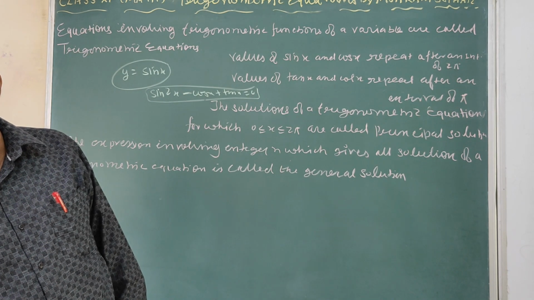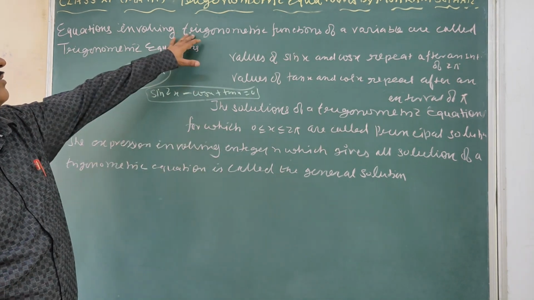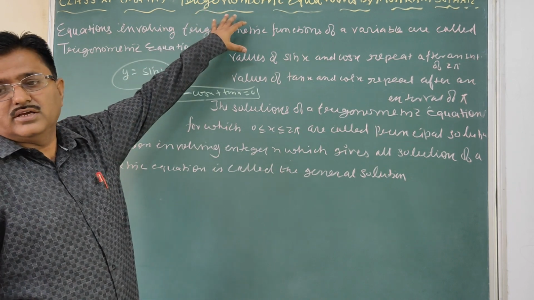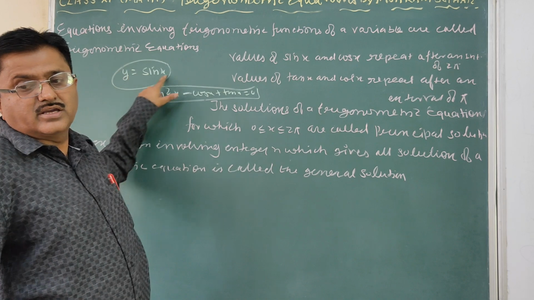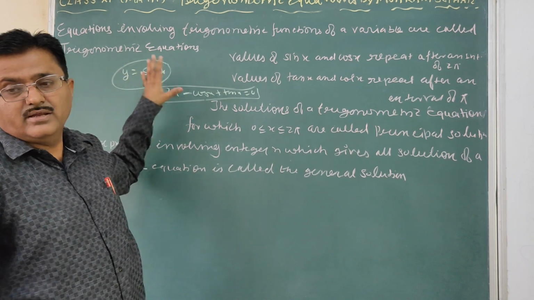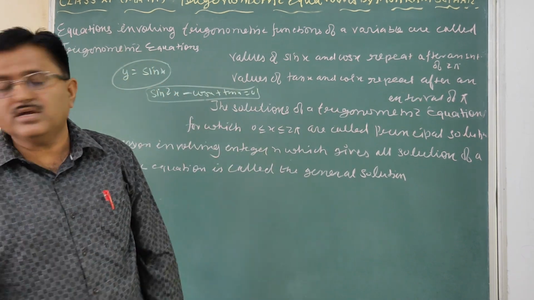So here also in trigonometry, the solution of a trigonometric equation is the value of theta or x which satisfies the given equation. Clear? But here we have two types of solution.